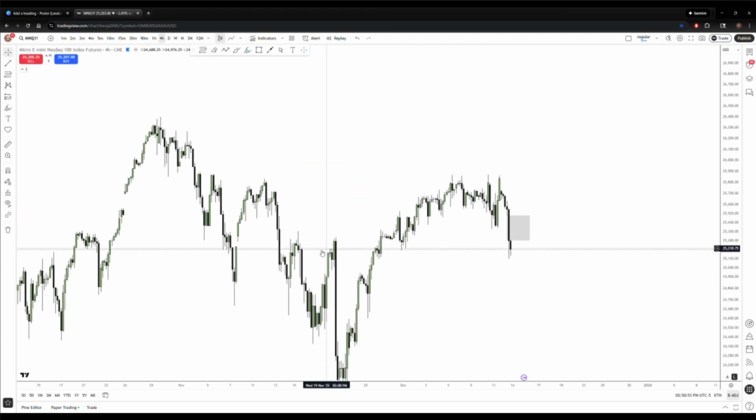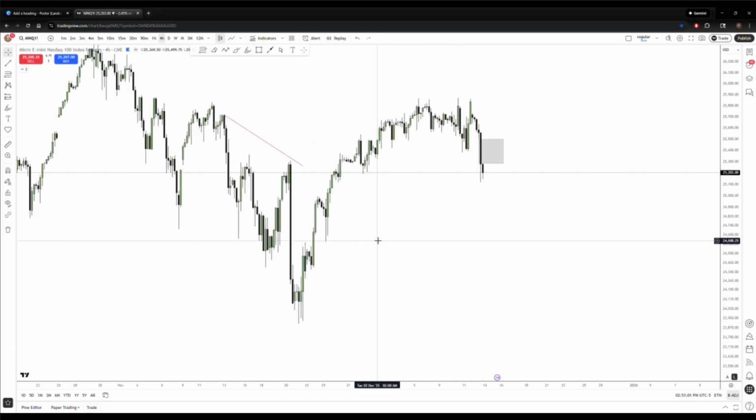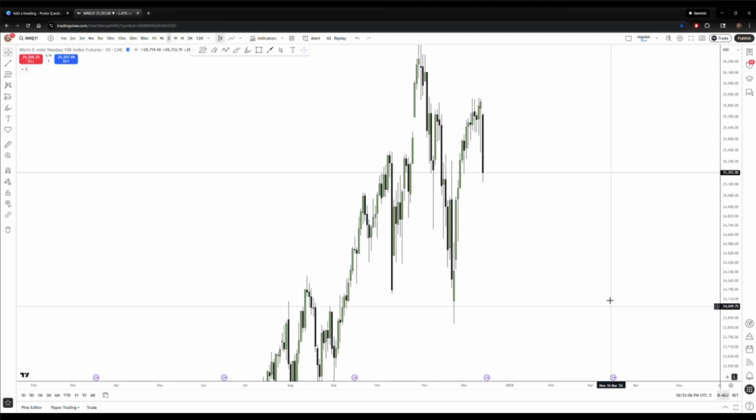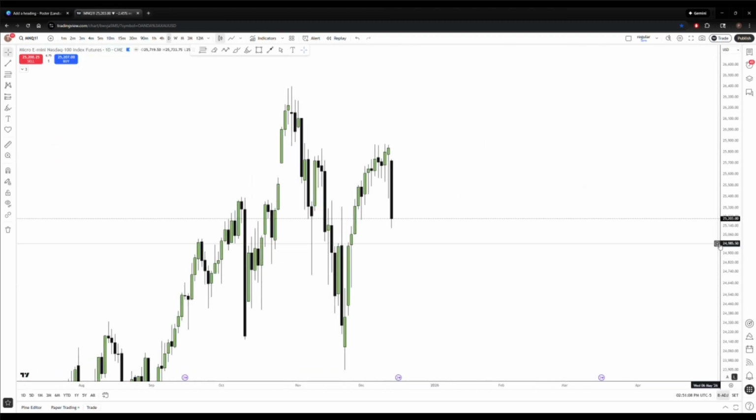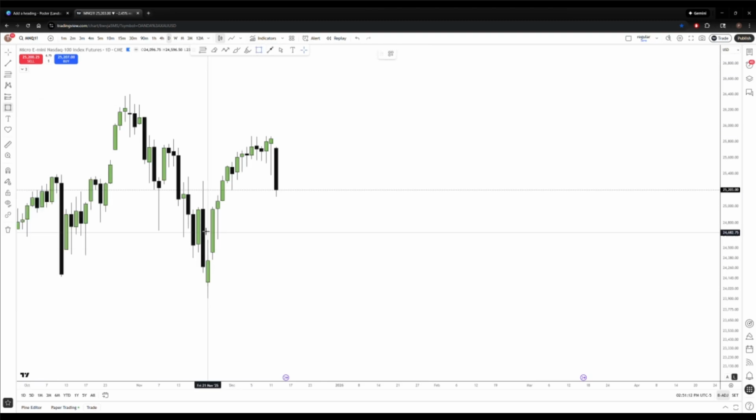Look what happened here too. We were just building liquidity right here, and then we swept it. Now we're sweeping this liquidity, but on a daily time frame, we do have this daily order block, right? Beautiful.